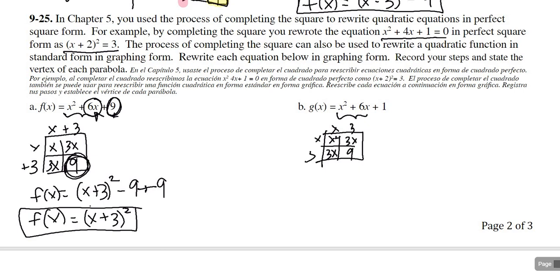And that gets me x squared plus 6x plus 9. And then I have to subtract that 9. Then I have to add that 1. So that's x plus 3 squared minus 8. That is what g of x equals.